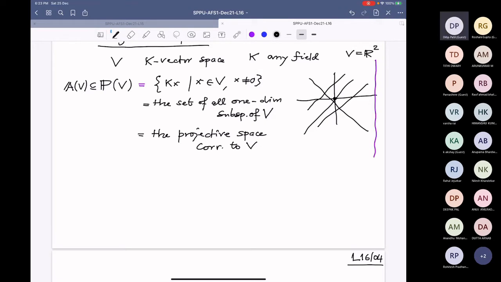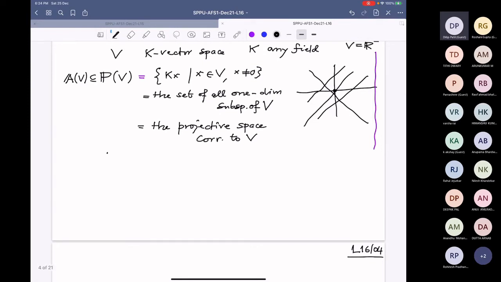Now, how does one think about it? I have to relate it with V also. So obviously we have the map here. Look at the map, V minus 0 to PV, namely any x goes to Kx.